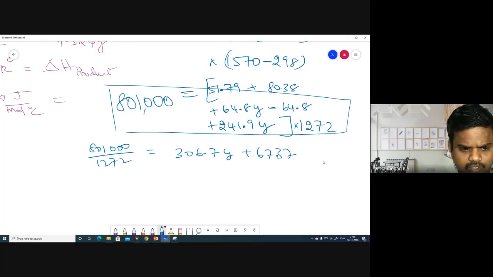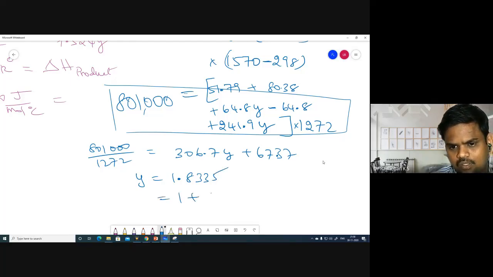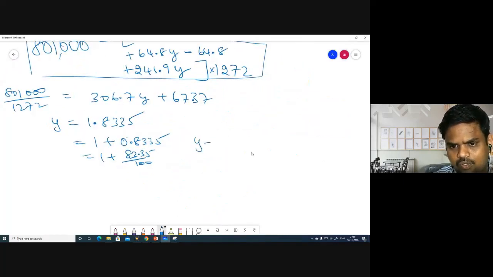Then we will have y equal to 1.8335, which can be written as 1 plus 0.8335, which is 1 plus 83.35 by 100.